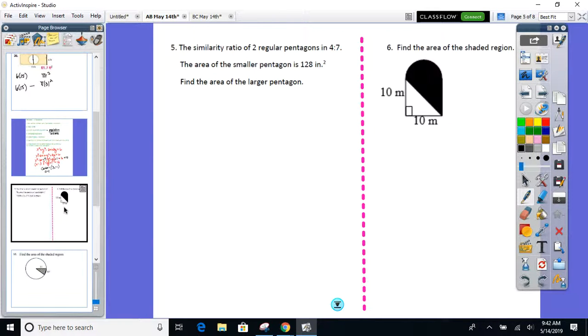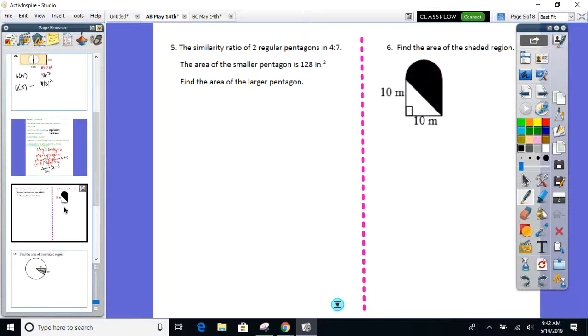Number 5. Read through it. Go ahead, read through it.